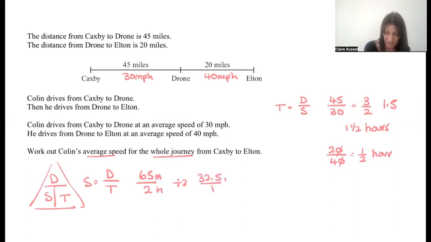I've now got miles per hour. 32.5 miles per hour. Okay, don't ever get tempted to take shortcuts on these questions. You really do need to do every stage of the journey separately so that your totals are absolutely spot on. Perfect.